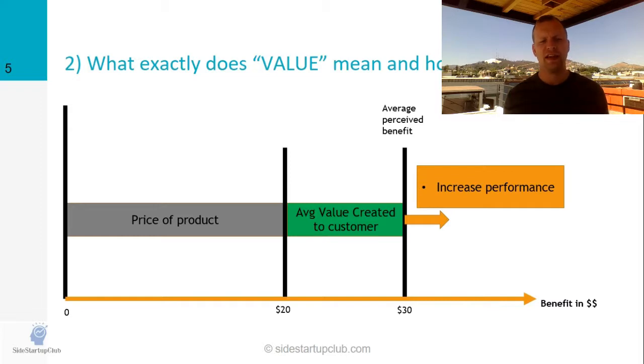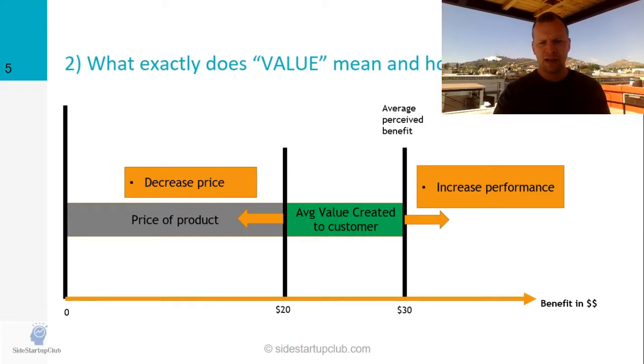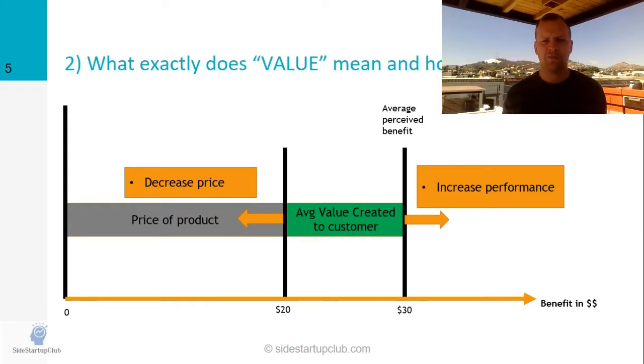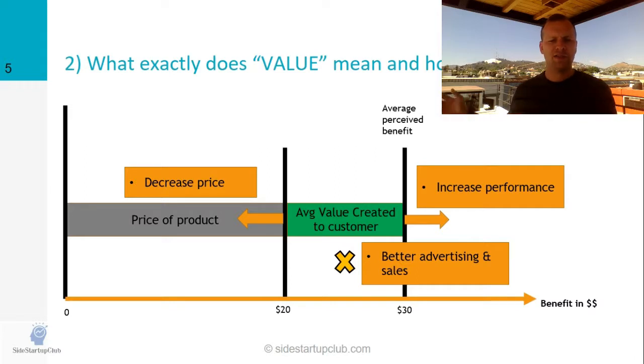I think of this as subtraction and moving the line to the left here. And the third way is not so obvious, and it's also the reason we call it perceived benefit instead of real benefit. It's better advertising and sales, which would be like multiplication, in which you provide that value to more and more customers, therefore creating more and more net value in the world and to your business.